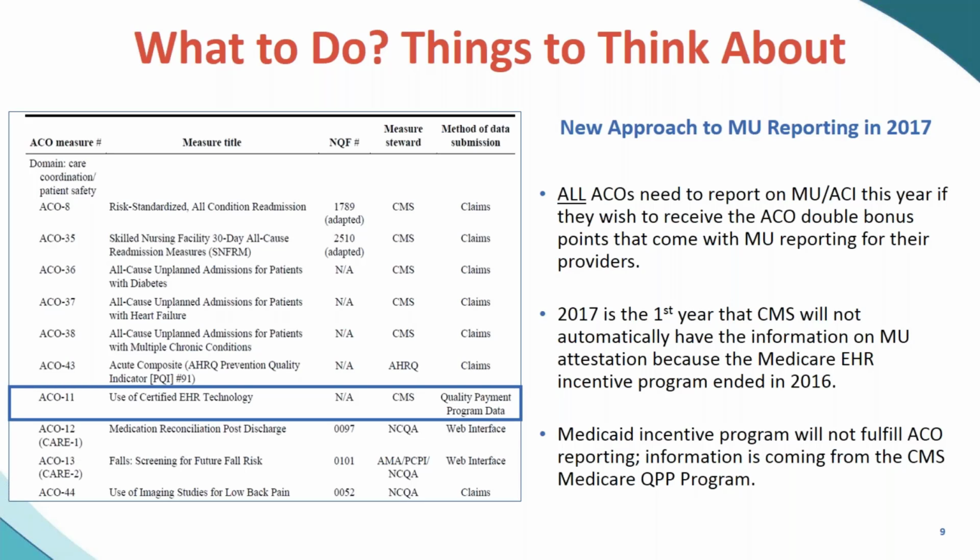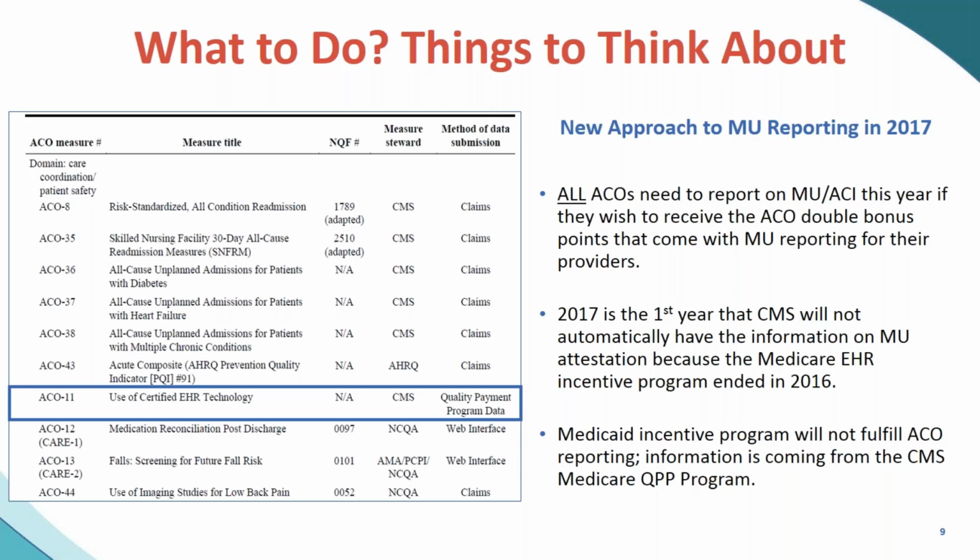And so this gave CMS the information that they needed to calculate your bonus score for ACO reporting for meaningful use participation. And we'll look at that specific metric in just a minute as we go down the path.